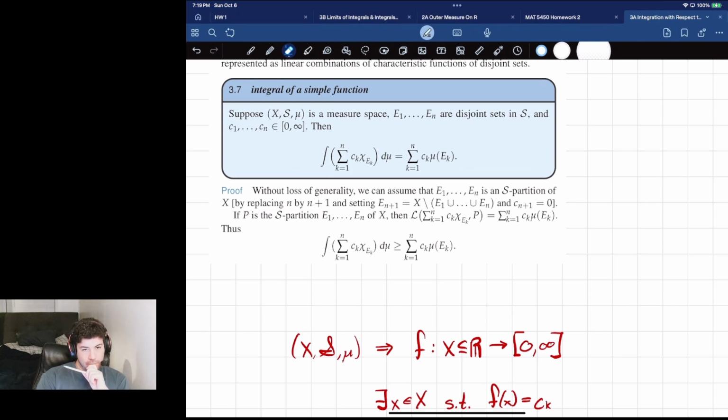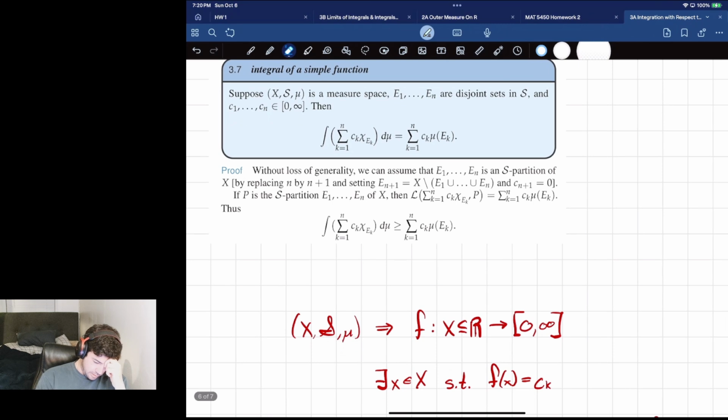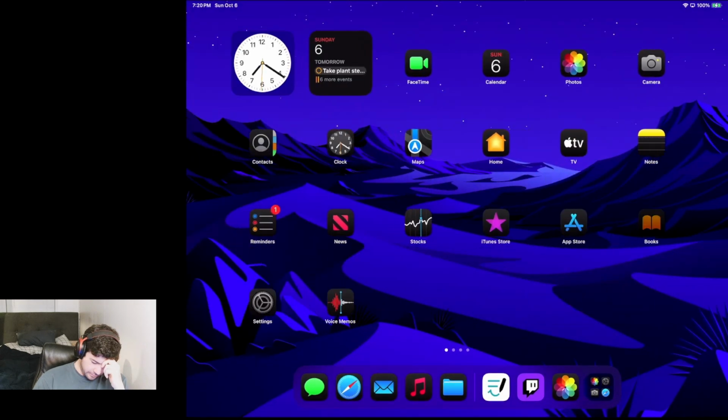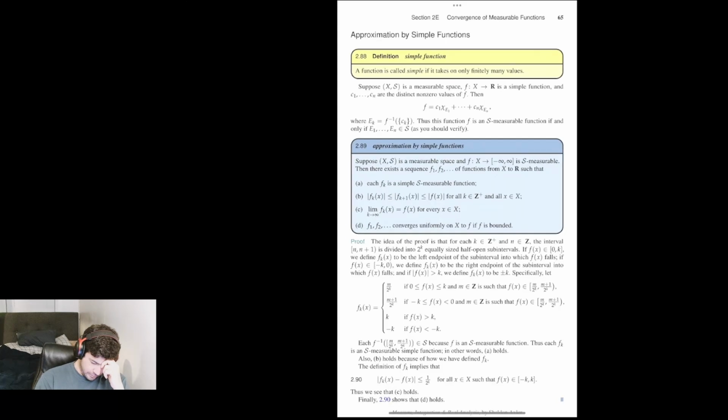Okay, so this is clearly, so it's clearly so when we're writing this, we're clearly saying it's a simple function, right? So why is that? It's because of this.